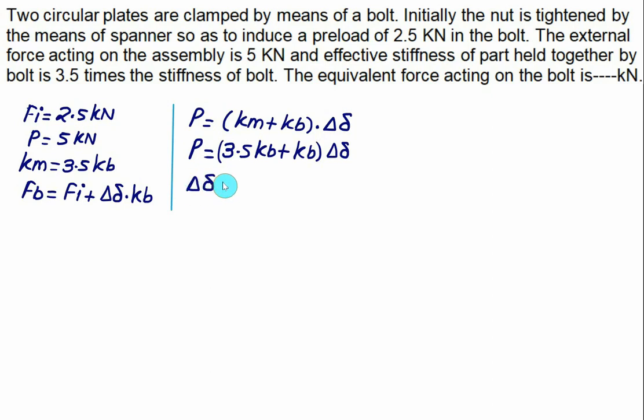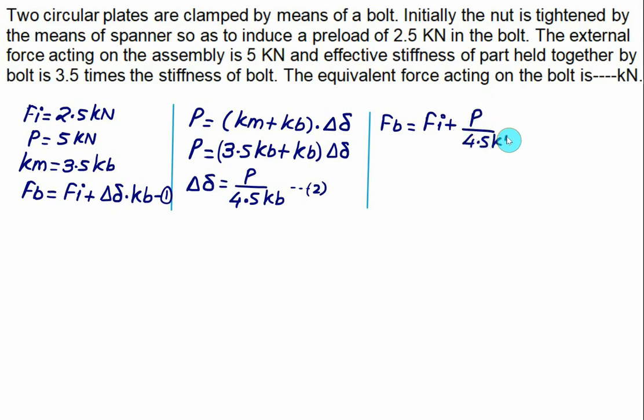So we have delta is equal to P divided by 4.5 times Kb. So let's say this is equation number 1, and this one is equation number 2, and we can substitute for delta in the form of Kb. So Kb will get cancelled. So equivalent force on the bolt is Fb is equal to the preload, that is initial load Fi, plus delta is equal to P divided by 4.5 times Kb multiplied by Kb.